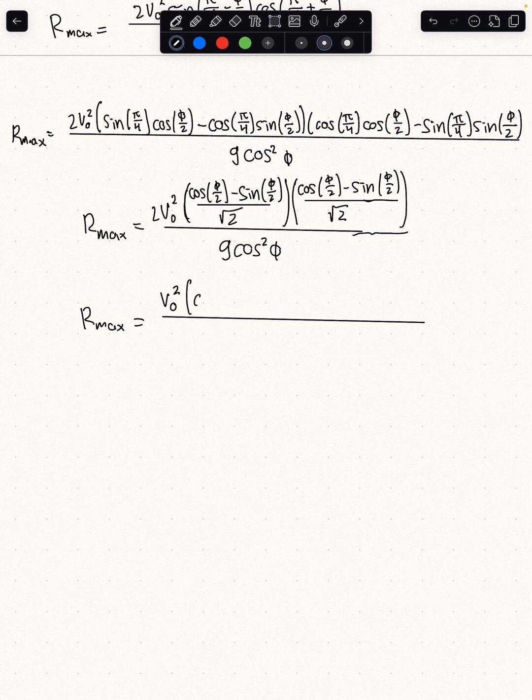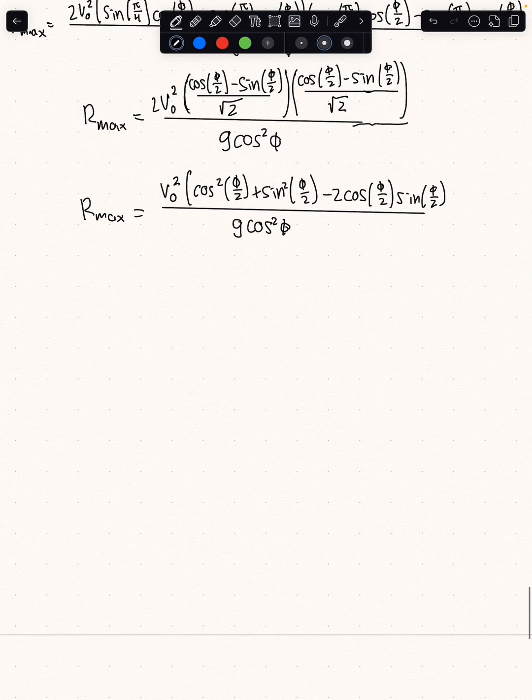Still multiplying everything, this will be cosine squared phi over 2 plus sine squared phi over 2 minus 2 cosine phi over 2 sine phi over 2. Okay, this now goes to, we have a cosine squared plus sine squared, everybody's favorite trig identity, going to 1.